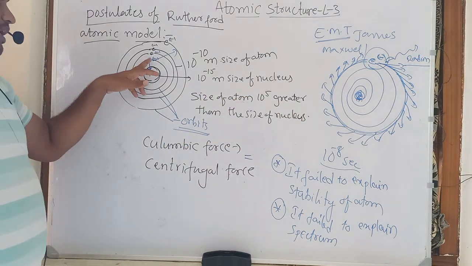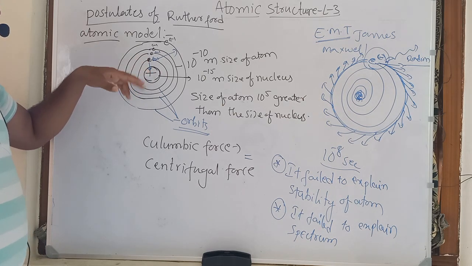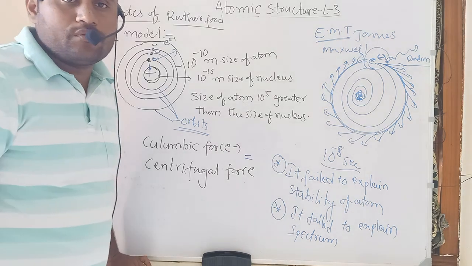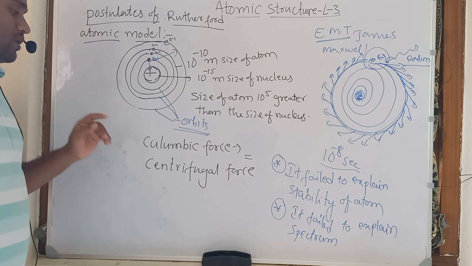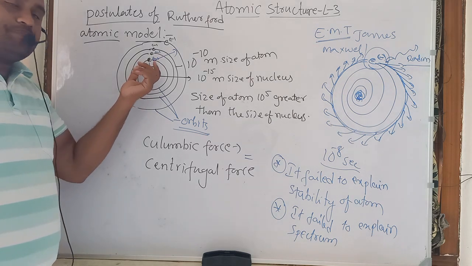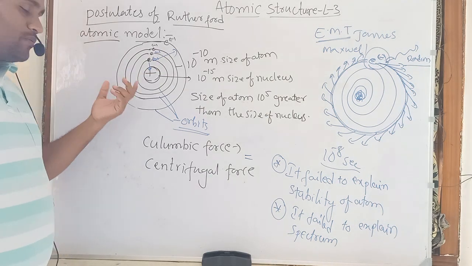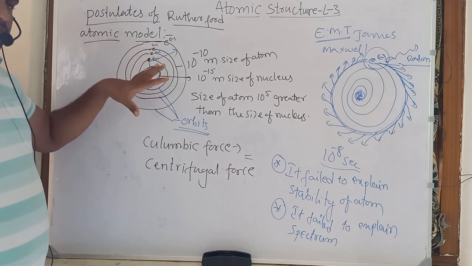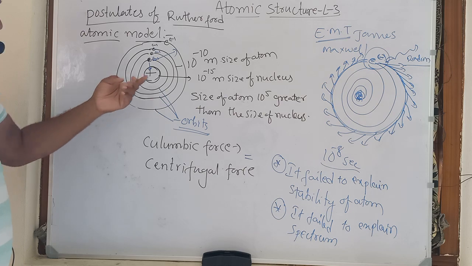So how are the electrons maintaining balance between the nucleus and the electron? Because of two types of forces: Coulombic forces and centrifugal forces. Coulombic forces bring the electrons toward the nucleus, which has positive charge, whereas centrifugal forces take the electrons away from the nucleus.